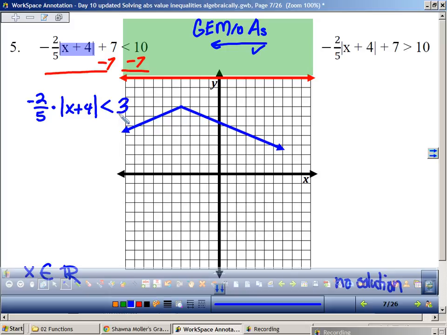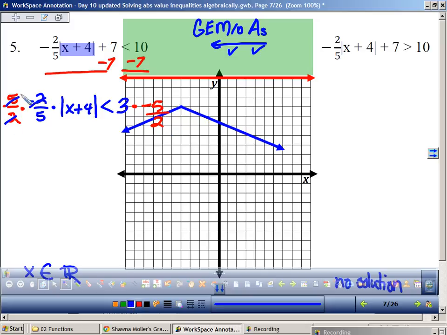Okay? Now I'm left with multiplication. So we need to get rid of our multiplication or division. Since it's dividing, I'm going to multiply to get rid of it. So I'm going to multiply by negative 5 over 2. Multiply this side by negative 5 over 2.